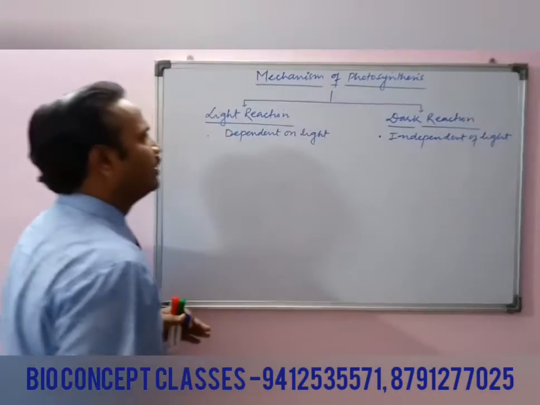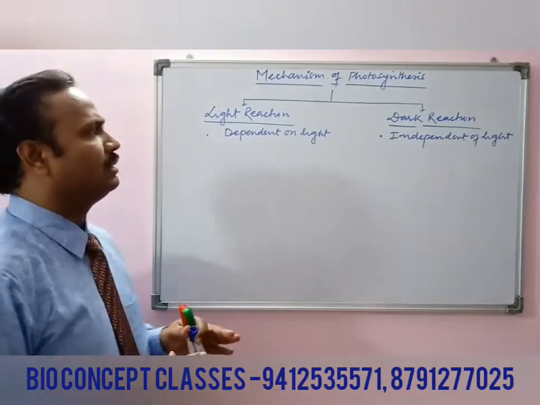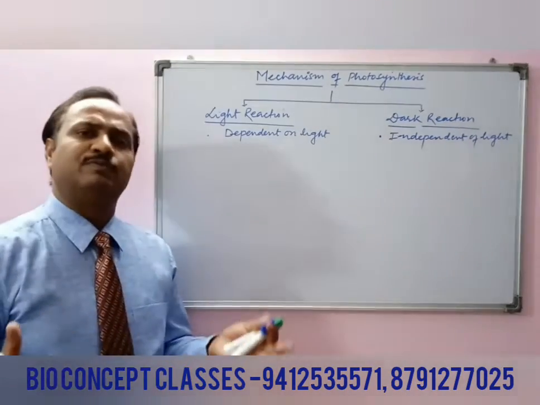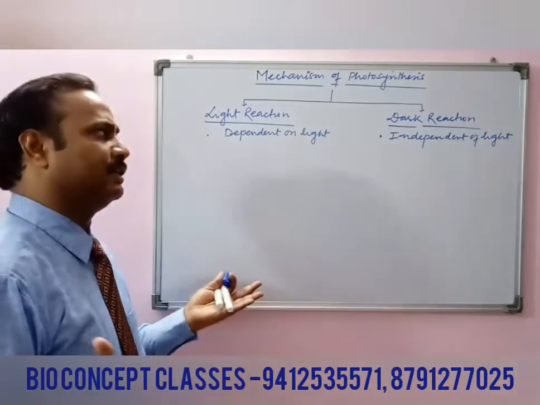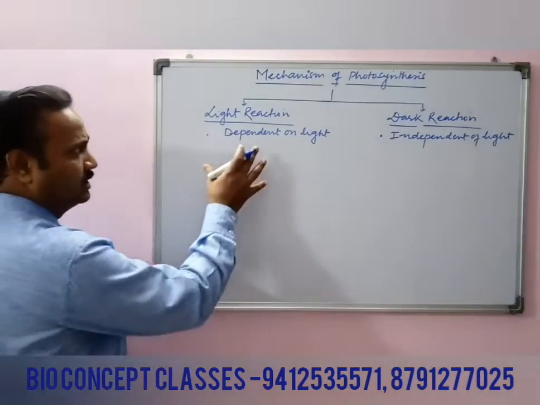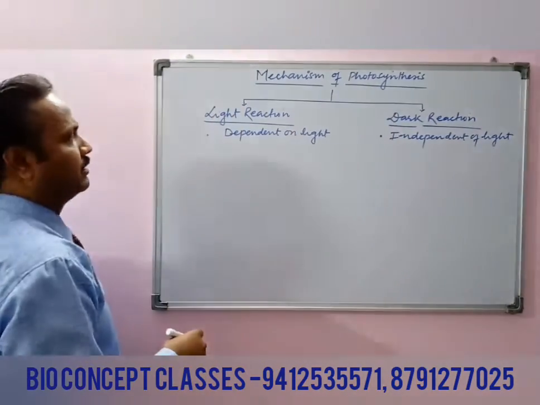Means the light reaction takes place only in the presence of light, while the dark reaction is independent of the light. Whether it is present or absent, the dark reaction will continue. Okay, so first we focus on the light reaction, then switch over to the dark reaction.